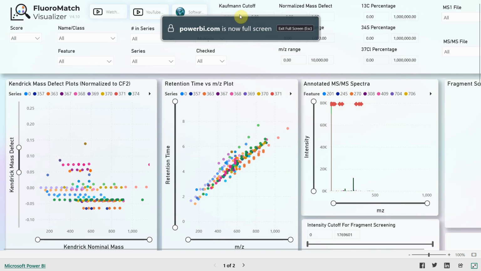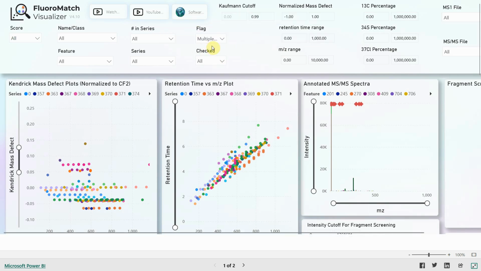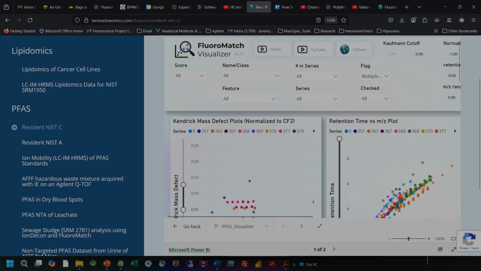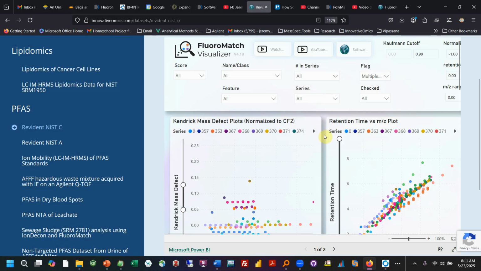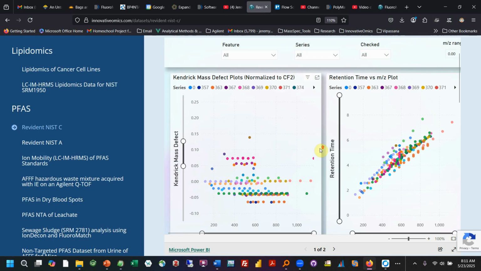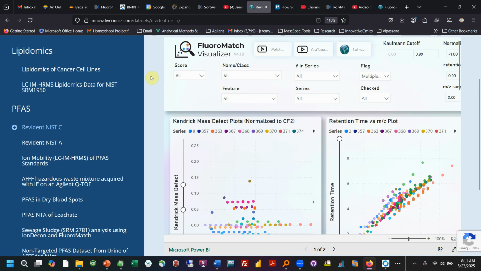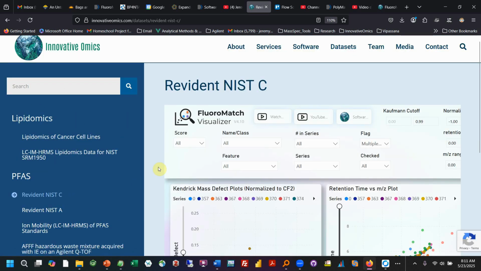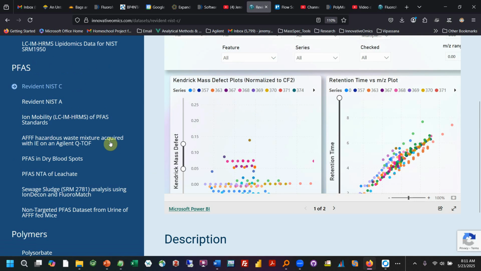And then when you're in this full screen mode, you can see these flags. You see that I released it already with certain isomers, certain flags already distributed with the data set so people can see which ones you've annotated. And this is a great way to release it with a publication. So please do email me your data sets so that I can host them on this database of all these interactive data sets.